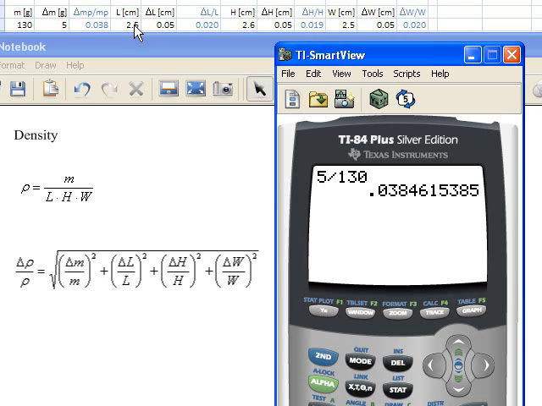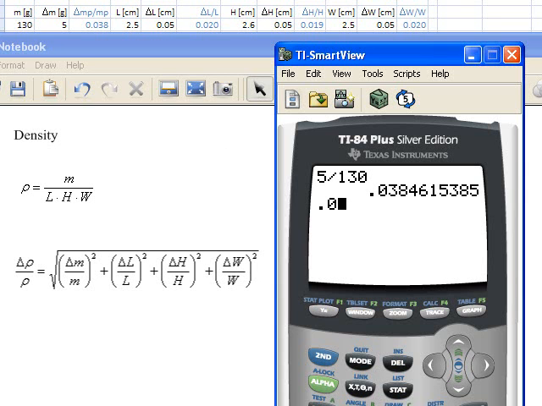For the length, 2.5 is the measurement, and the error is 0.05 centimeters, which is half a millimeter. That's what the measuring tape allows you. If you divide those two, you come up with exactly 0.02, which is 2%.